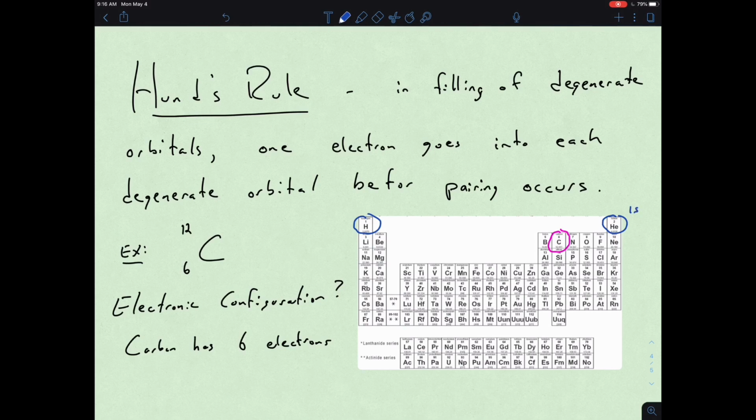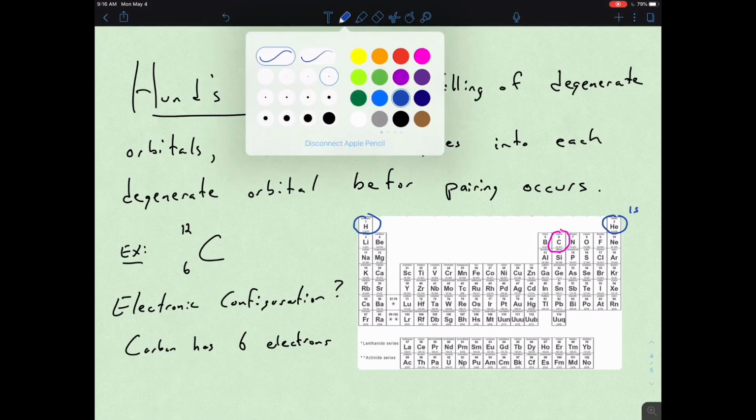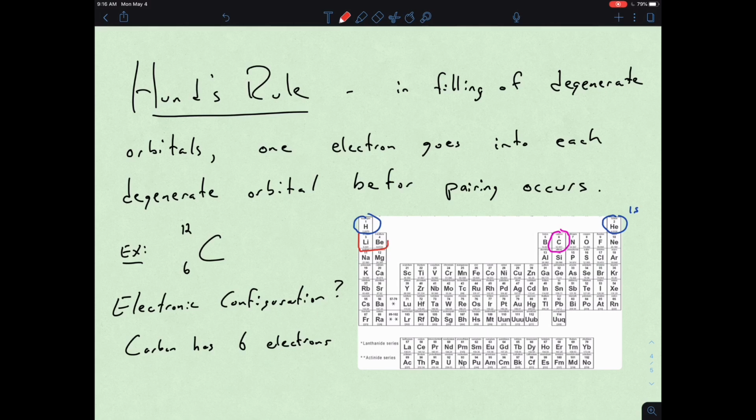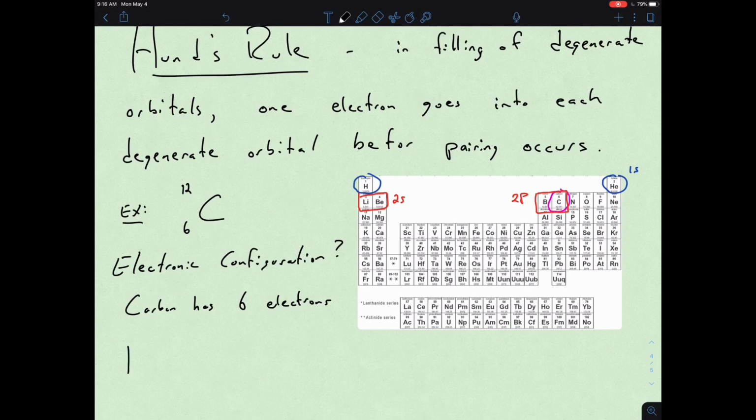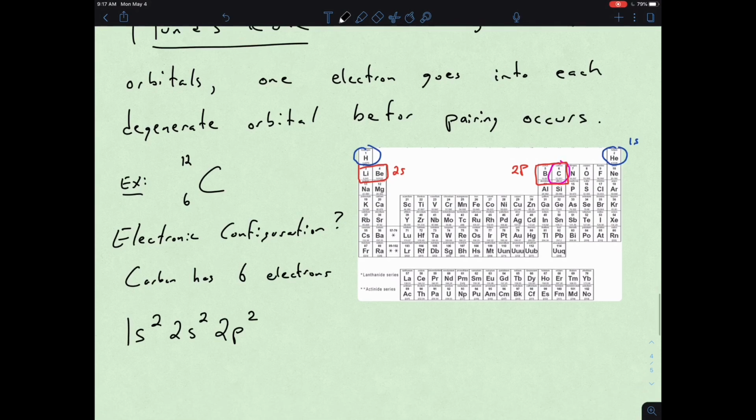We then have the 2s, and then we have our 2p. So those are the orbitals that we would house the electrons for carbon. And our electronic configuration would then look like this: 1s2, 2s2, 2p2.